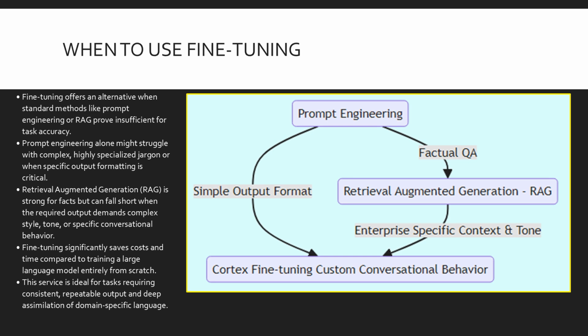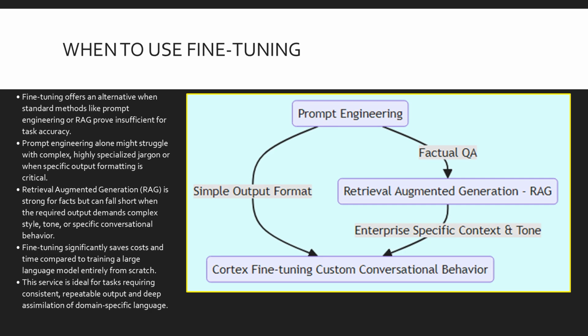Simple prompt engineering often struggles when the task involves highly complex, technical jargon that the base model has never been exposed to during its massive general training phase, or when the output absolutely must adhere rigidly to specific, non-standard formatting rules, like proprietary XML output.